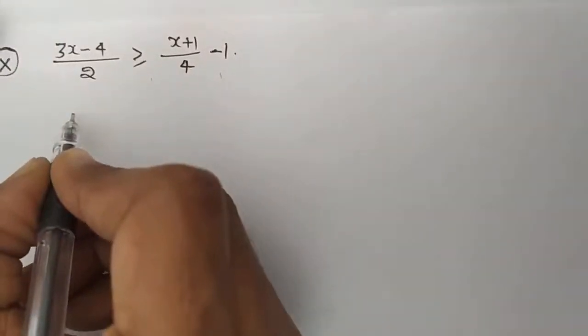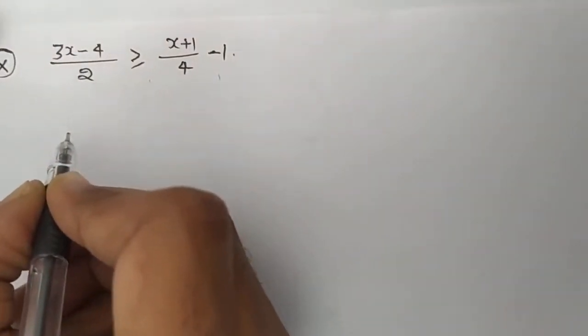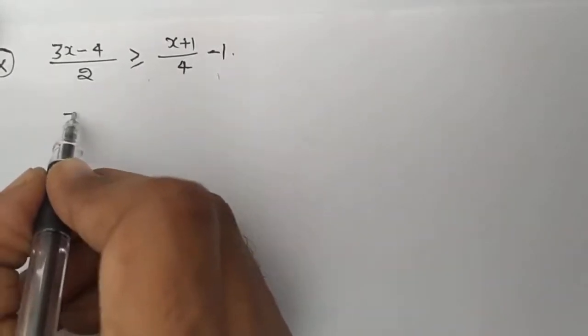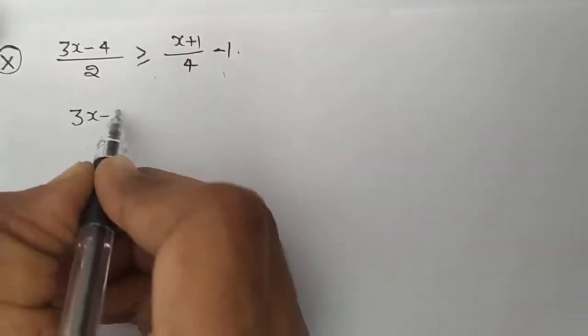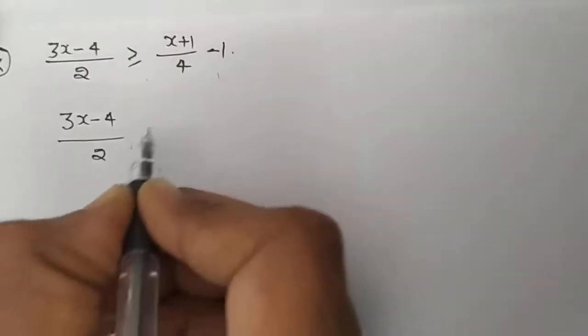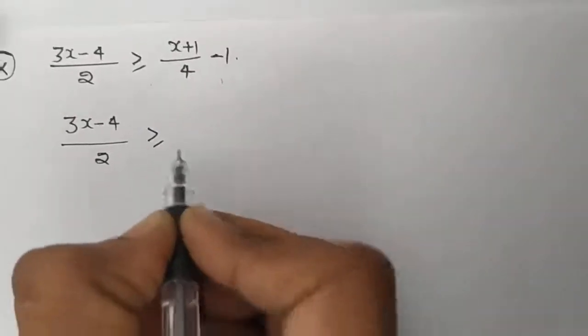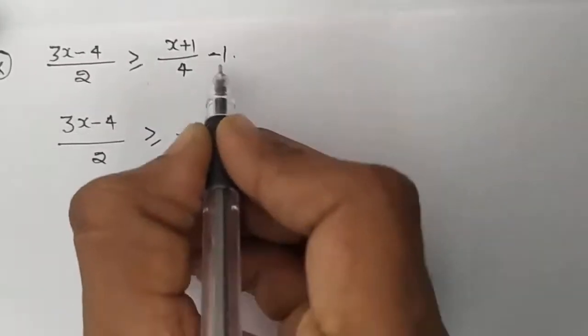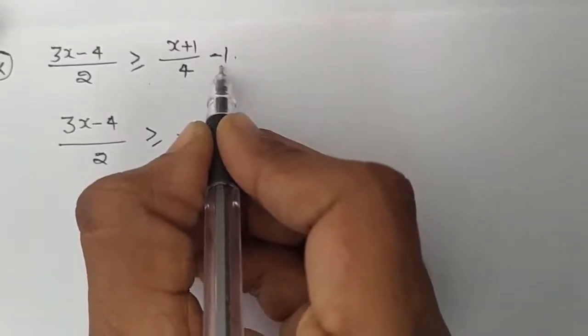Before that, you have to simplify it. (3x minus 4) divided by 2 is greater than or equal to, LCM. So minus 1 has 1 in the denominator.